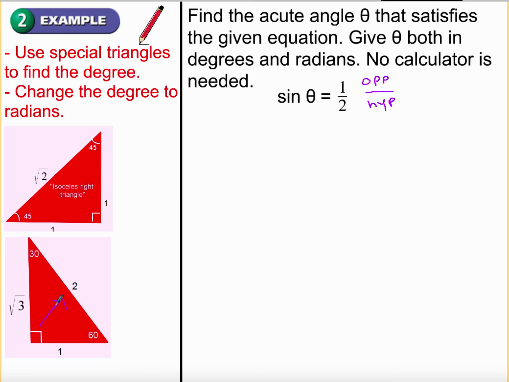So that means that the opposite has to be equal to 1. Well, if this is our opposite, and this is the hypotenuse, then the angle we're discussing has to be 30 degrees. So theta must be 30 degrees. It's the only angle that has an opposite of 1 and a hypotenuse of 2.